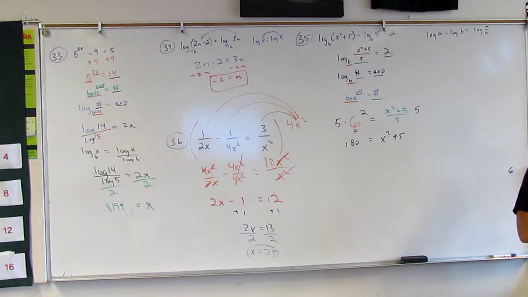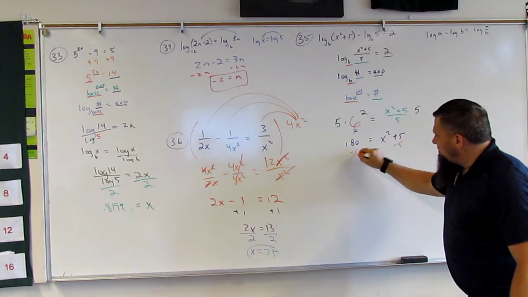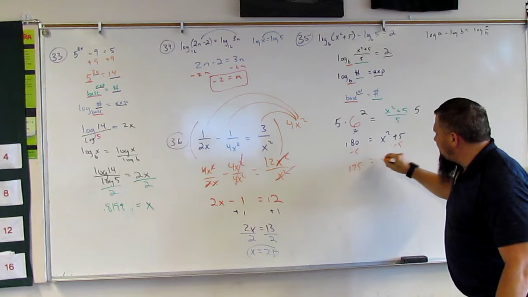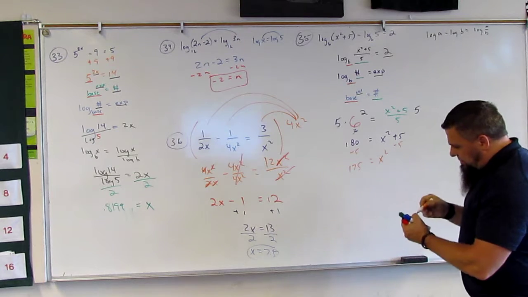My math okay? Alright, next what do I do? Minus 5. Minus 5, that's 175 equals x squared.